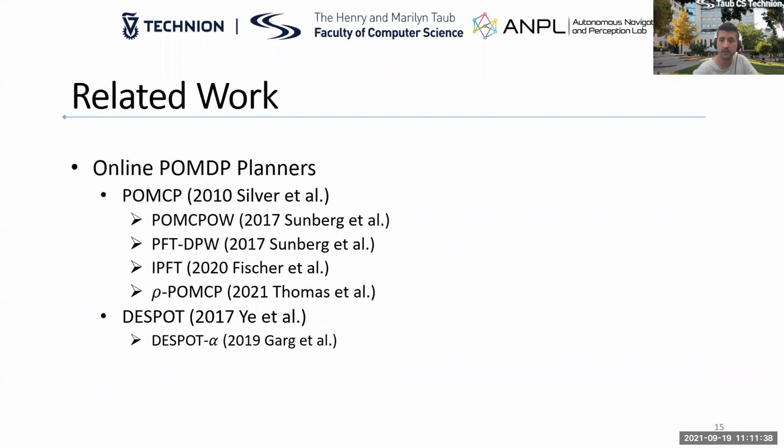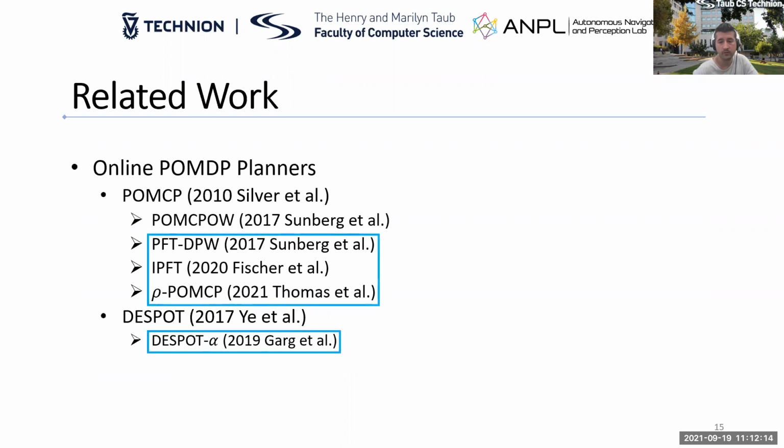IPFT by Fischer et al. builds upon PFT-DPW and uses some asymptotic approximation guarantees to incorporate differential entropy approximation into this algorithm. Rho-POMDP is a recent work that aims to incorporate information rewards into the POMDP algorithm, but it cannot handle continuous observation spaces. Following work to DESPOT, DESPOT-alpha, is suitable for continuous spaces, but it cannot handle information theoretic rewards.